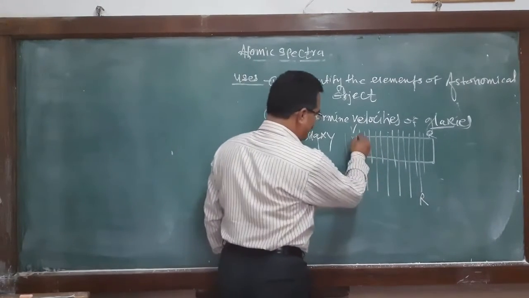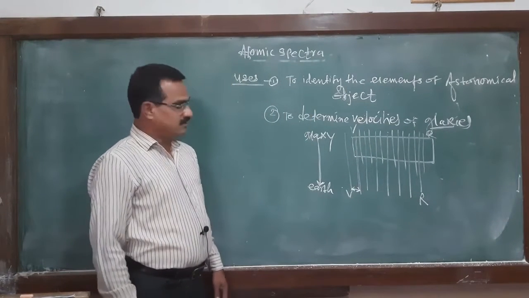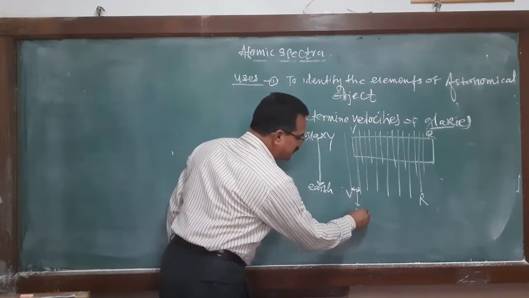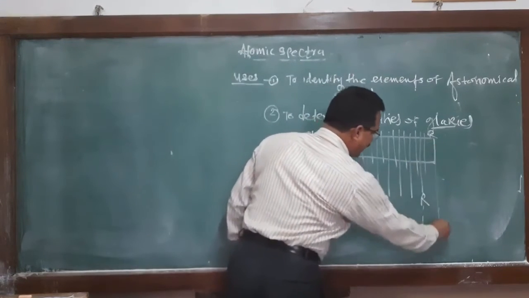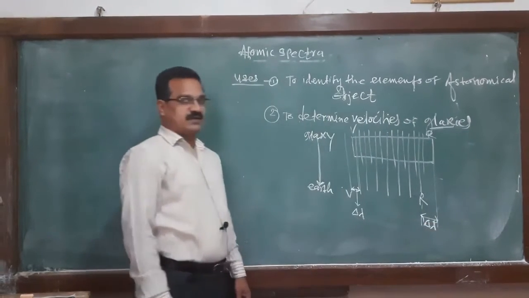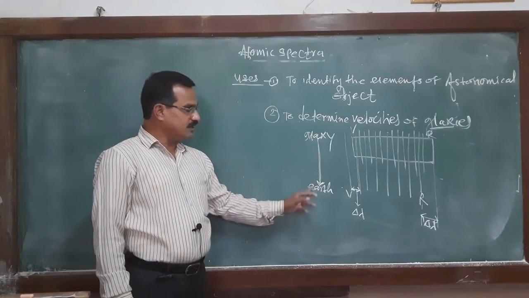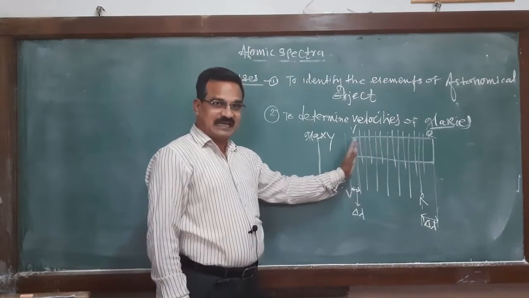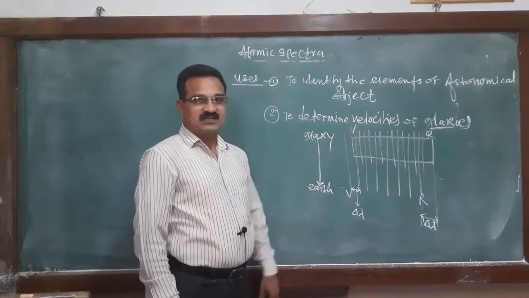By measuring this shift, by which amount the spectrum is shifted, we call it delta lambda, the shift del lambda. Remember, when a galaxy moves towards us, the wavelength decreases and the spectrum shifts towards the violet end, or blue end.